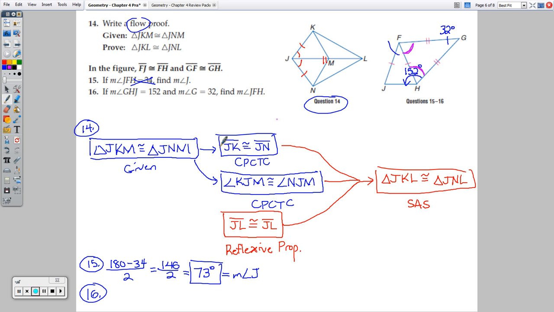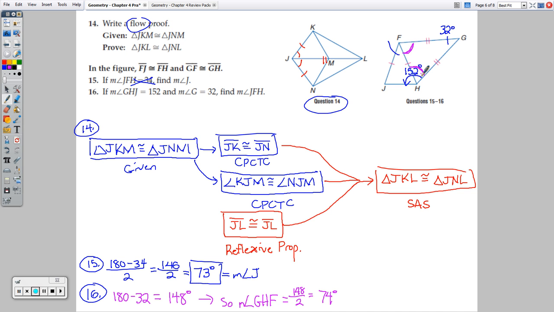We would have 180 minus 32 left over for the two purple angles together, and that would be 148 degrees for the two purple angles. So that means that the measure of angle GHF would have to be 148 divided by 2, and that would be 74 degrees.